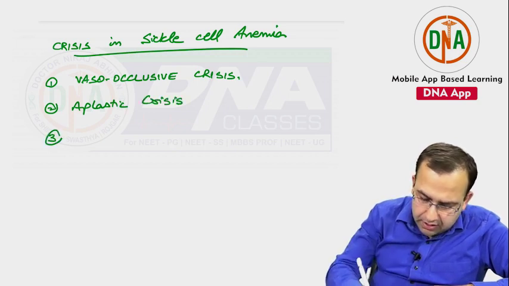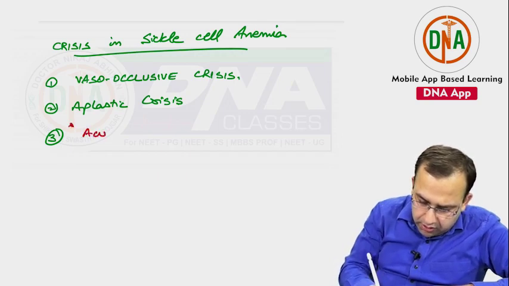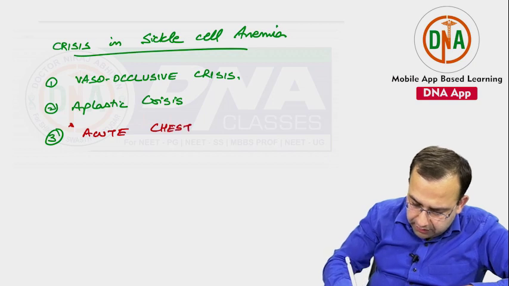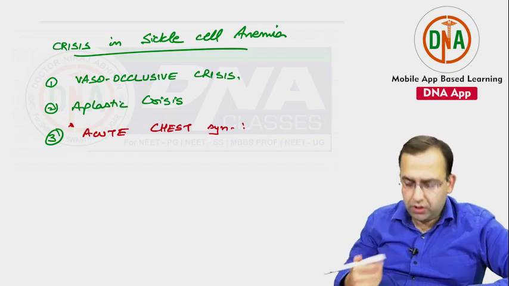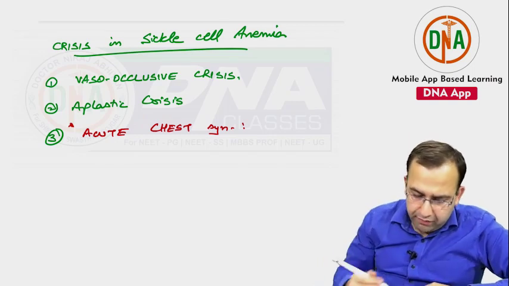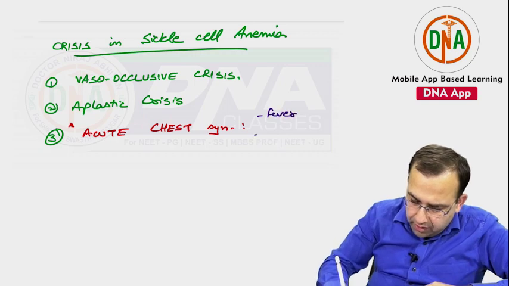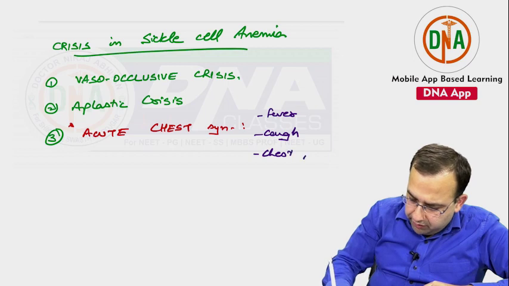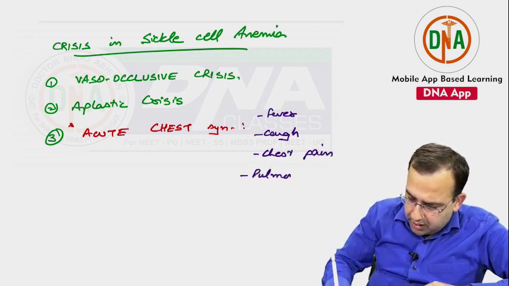And the last, put a star, acute chest syndrome. Remember, increased risk of infections, acute chest syndrome, which is associated with fever, cough, chest pain, and pulmonary infiltrates.